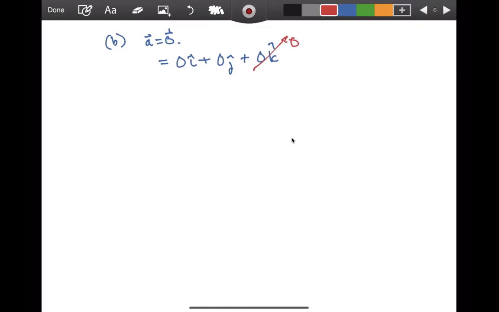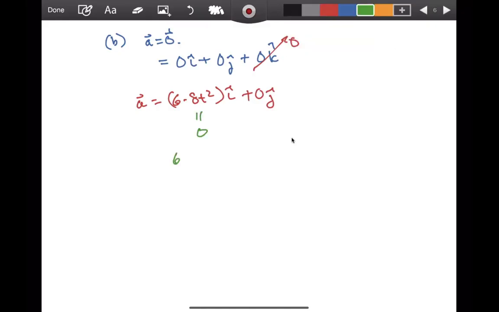From the previous slide, our acceleration is equal to 6 minus 8t in the i hat direction plus 0j. For this to be 0, we have to require that the first term is equal to 0.